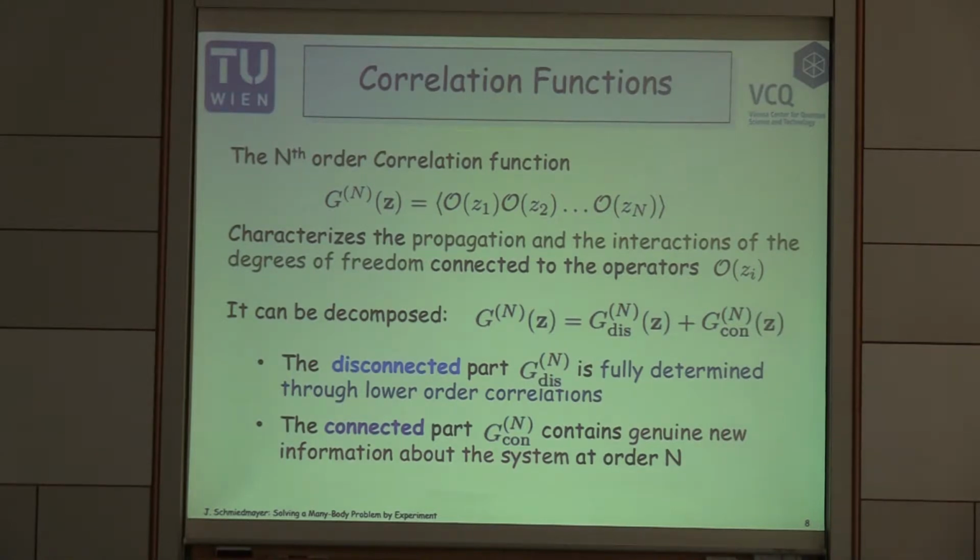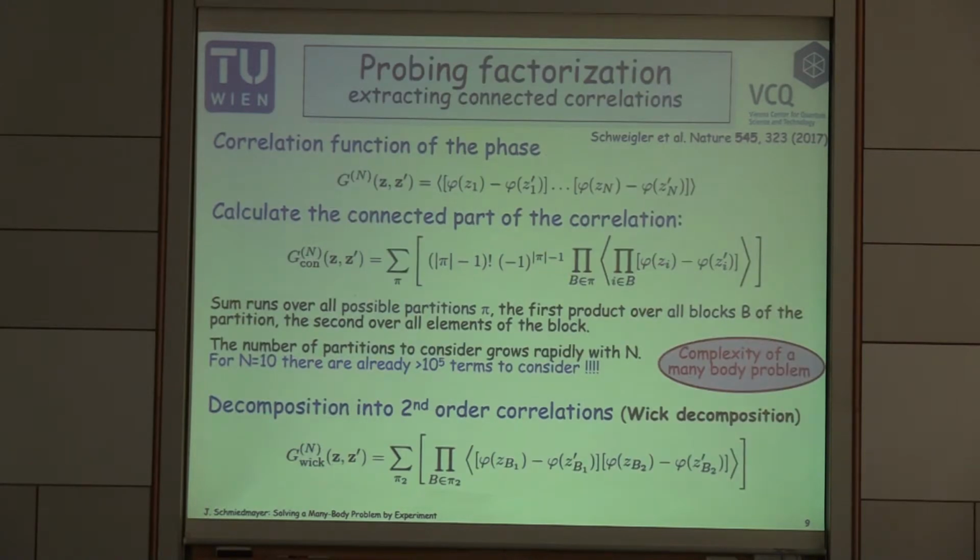And so if you are not able to calculate or extract a connected part of the correlation function at order n, it means that you can describe your experimental data with perturbation theory up to an order smaller than n. Now, how do you get these things out?